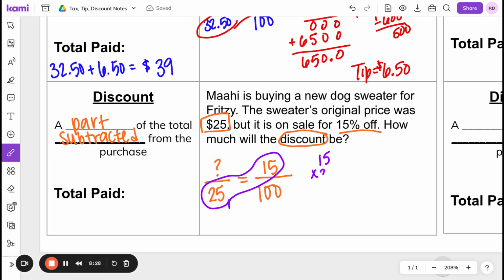So 15 times 25 is 375. But that is not the answer. We need to take that 375 and divide it by 100.